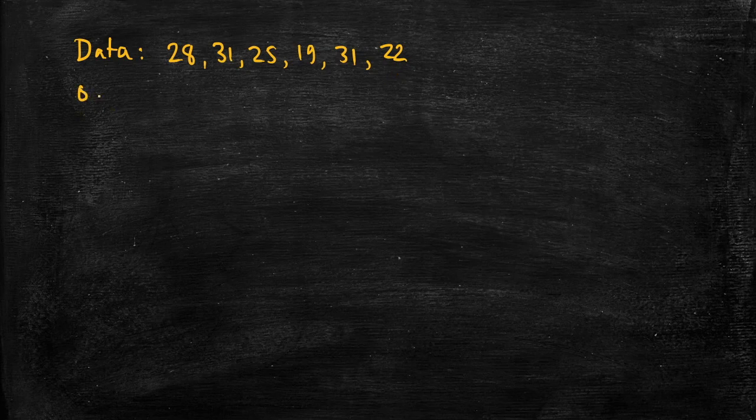One way to get a better sense of the data is just to order it from lowest to highest. So in this case, the lowest number is 19, and then 22, and then 25, and then 28, and then there's two 31s.